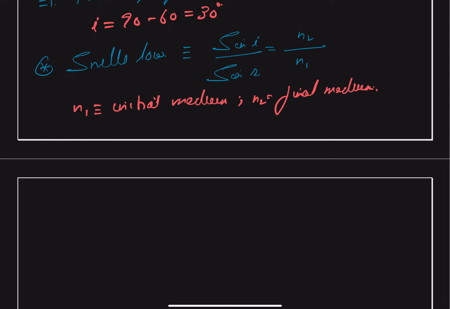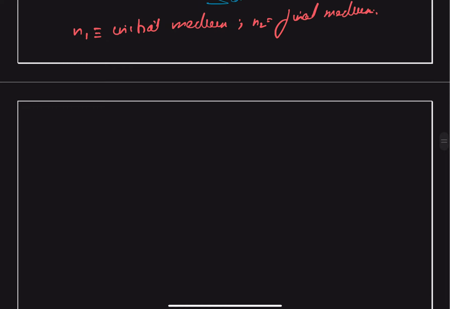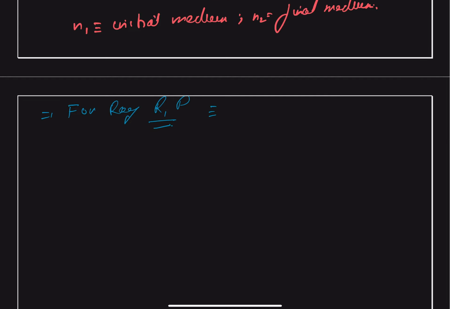So we can use this for ray R1P. The incidence we just found is 30 degree. So sine of 30 upon sine of R will be equal to the refractive index ratio, air upon the prism, that is 1.44.